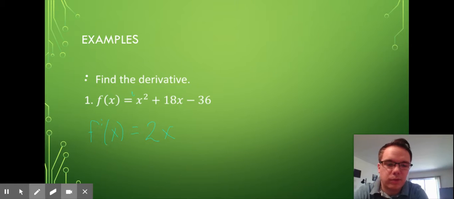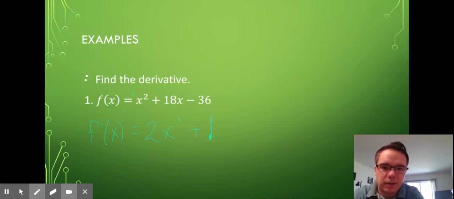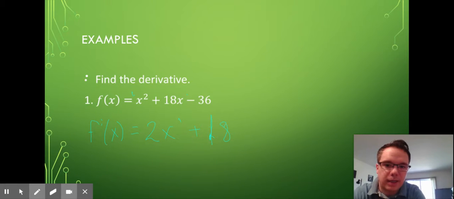And then we're going to subtract 1 away from the exponent. So 2 minus 1 is 1. Plus, and then we have 18x. So we have a hidden first power there. 18 times 1 is 18. And if I take an x to the first and I subtract 1, I'm going to get x to the 0, which is just 1.